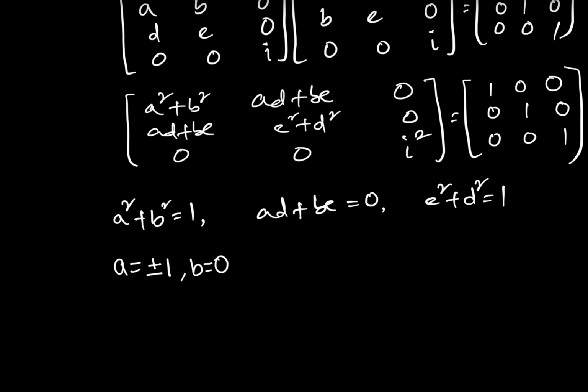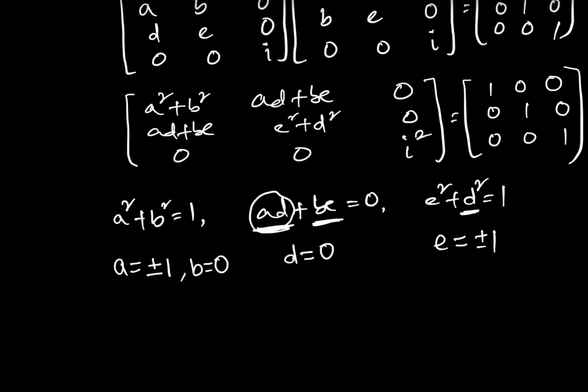In case of A plus or minus 1 and B 0, I can say that D is exactly equal to 0, right? In case of D equal to 0, this quantity will become 0, so this will satisfy. Then D equal to 0, so E square equal to 1 means E equal to either plus or minus 1.